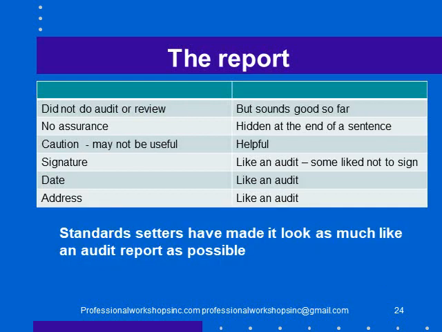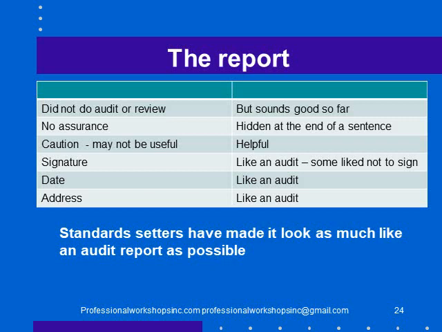We did not do an auditor review. That sounds good so far. Sounds like we've done something really good here. And then at the end of the last sentence, we say we've given no assurance. And then we say may not be useful to third parties. Well, that helps. But all the way up to those two sentences, it sounds like we're doing an audit. And then we sign and date it and have an address. It looks just like we did an audit.